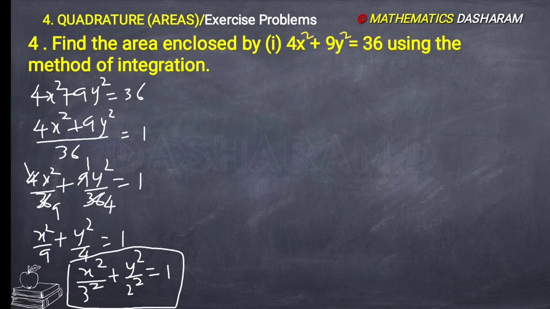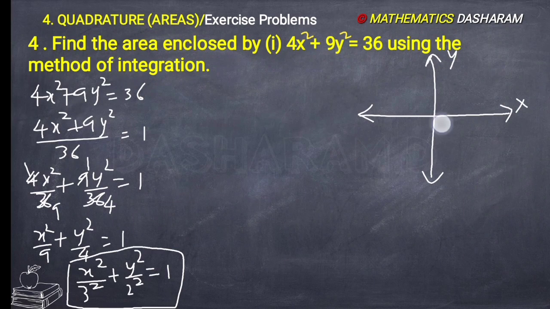Now the ellipse graph is here, x-axis, y-axis. This is the graph of the ellipse.